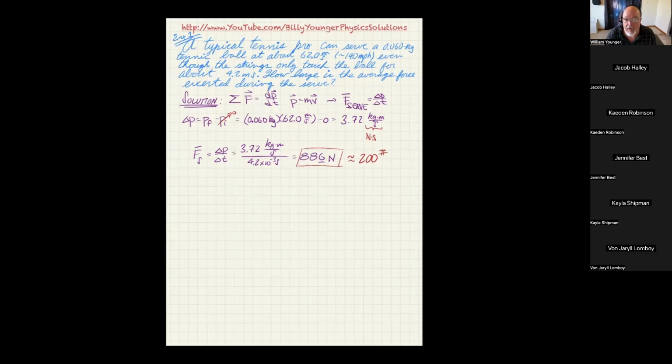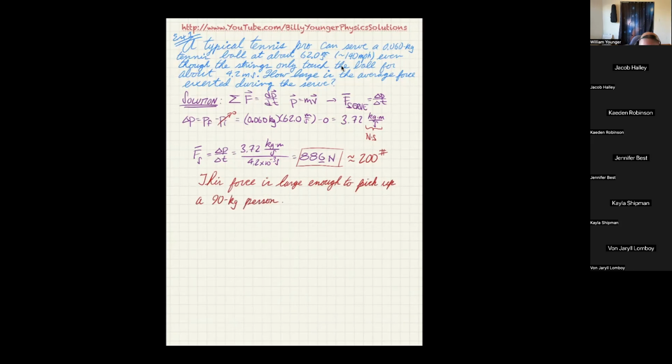So another way of looking at how big this force is, is to say that this force is large enough to pick up a 90 kilogram person.